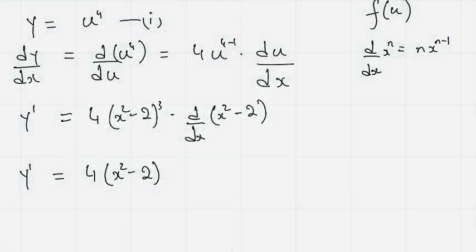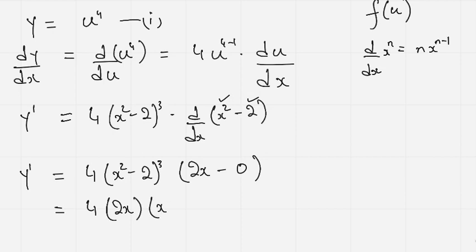Now you apply the derivative on both terms of this expression, x square and 2. The derivative of x square is 2x, and the derivative of the constant number is 0. So now I just multiply my 4 with my 2x, and then with (x square minus 2) whole cube.